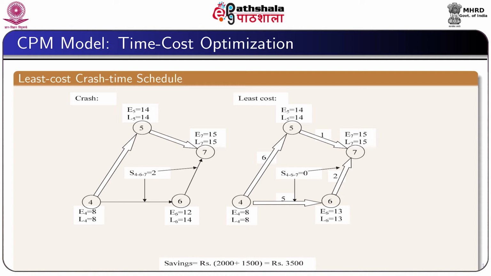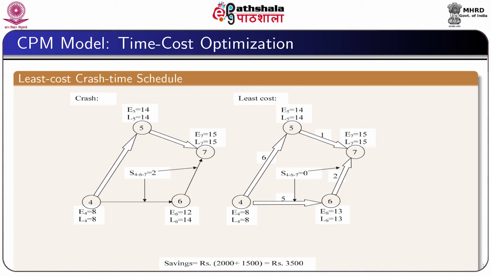Now, we consider the other non-critical path 4, 6, 7 in which the slack is 2 units of time. The cost saving in the activity 4, 6 is 1,500 and the cost saving in the activity 6, 7 is 2,000. Since the cost saving in the activity 6, 7 is more, we will try to extend the activity time of the activity 6, 7 as much as possible.